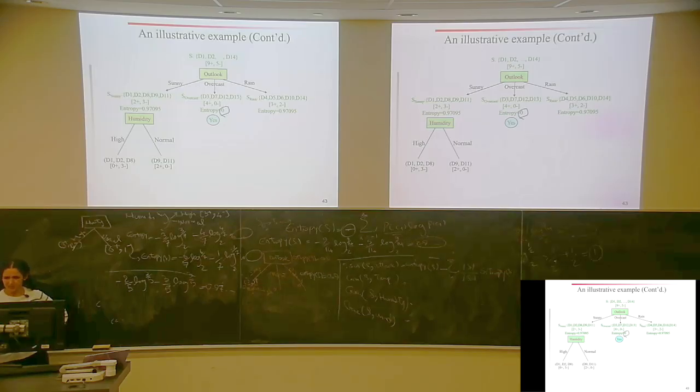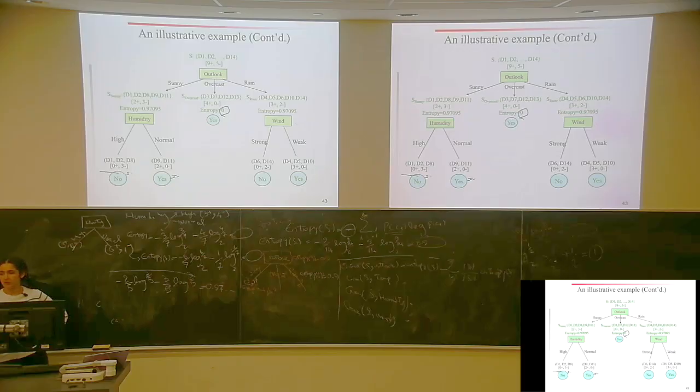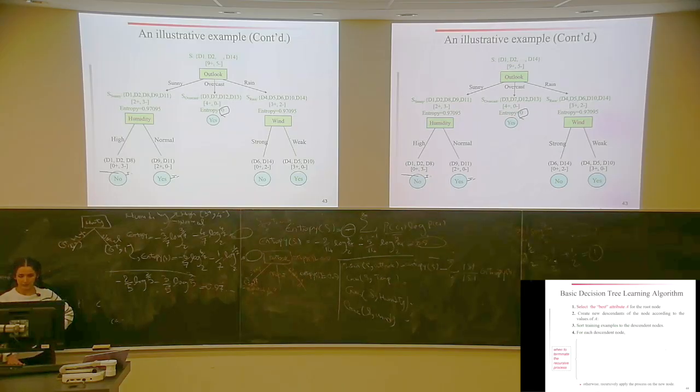Entropy here is 0, entropy here is 0, we reach the leaf node. And we use the same method to choose the best next attribute for the outlook. So between wind and temperature, or whatever attributes you have, again, you can choose the next best based on the information gain that you calculate.